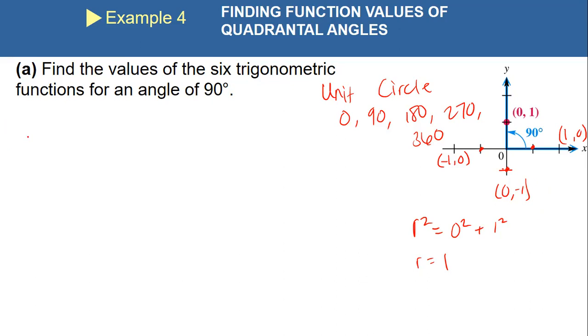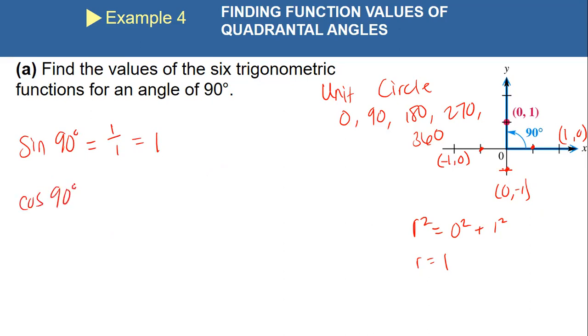So let's start off with sine. The sine of 90 degrees equals what? Sine is Y over R. So 1 over 1, which is just 1.